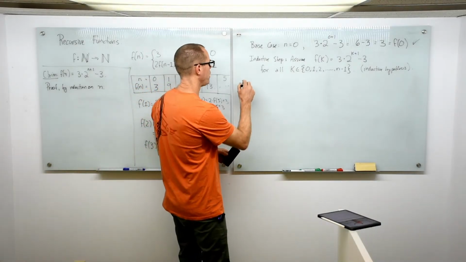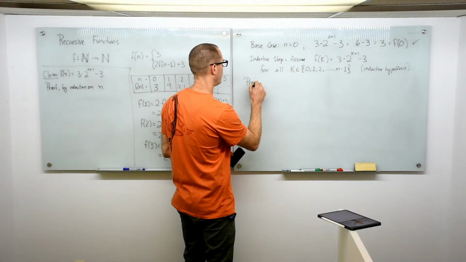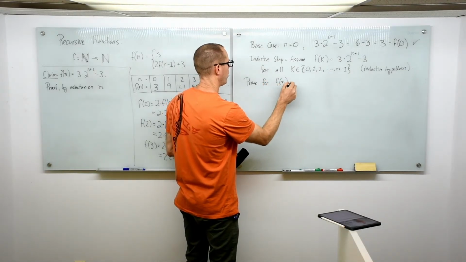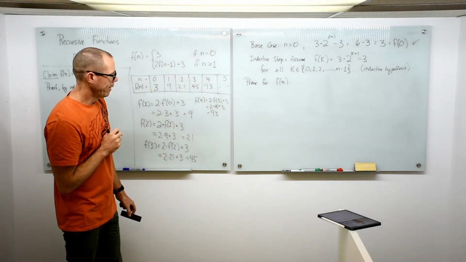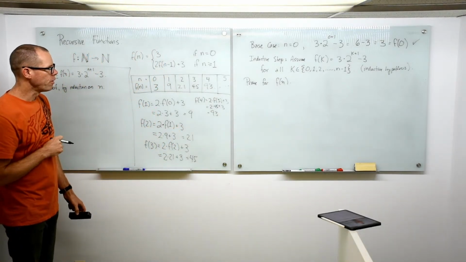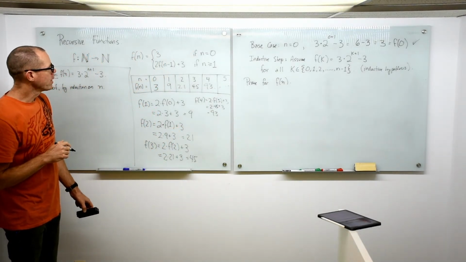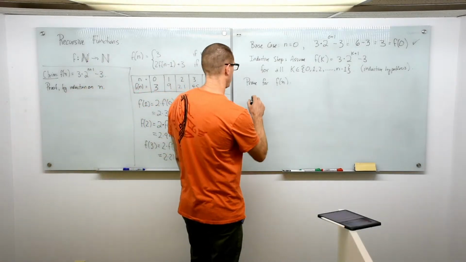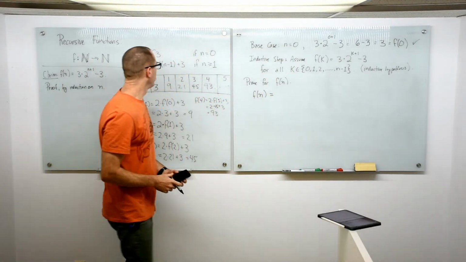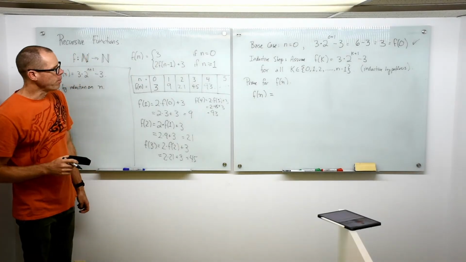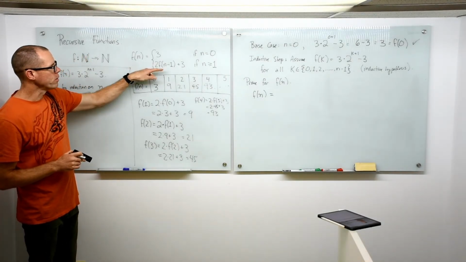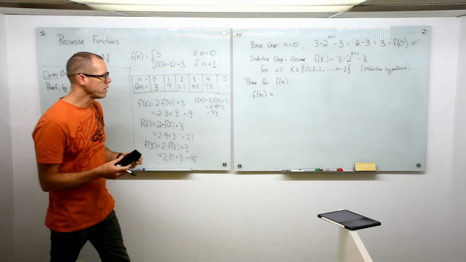Okay. So now we want to prove for f of n. And almost all these proofs go the same way. So f of n, the definition for n bigger than or equal to 1 tells us that it's 2 times f of n minus 1 plus 3. That's just the definition.